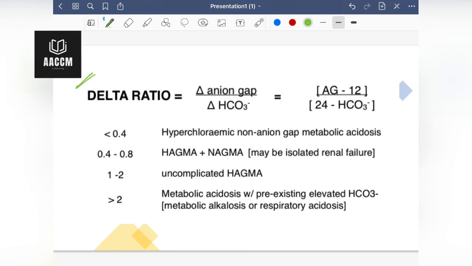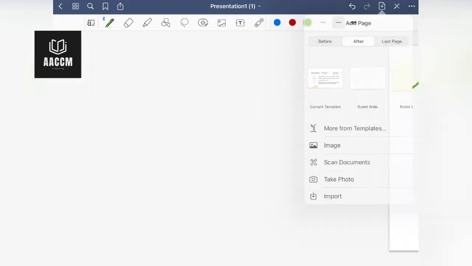Let's come to the last part, that is step 7, which is the delta ratio. The delta ratio is the change in the anion gap divided by the change in the bicarbonate level.